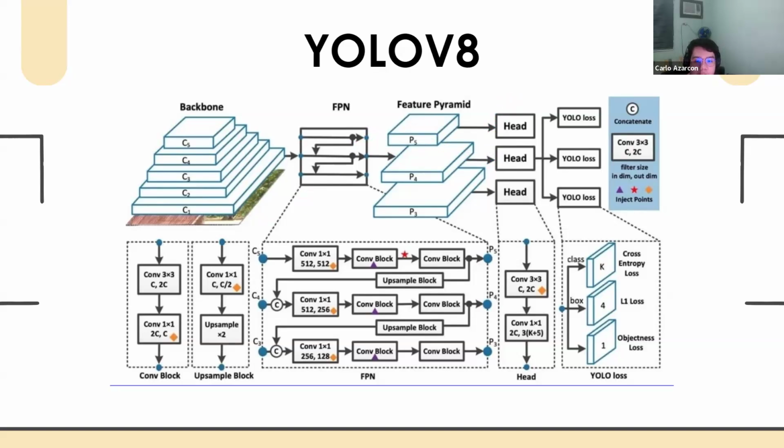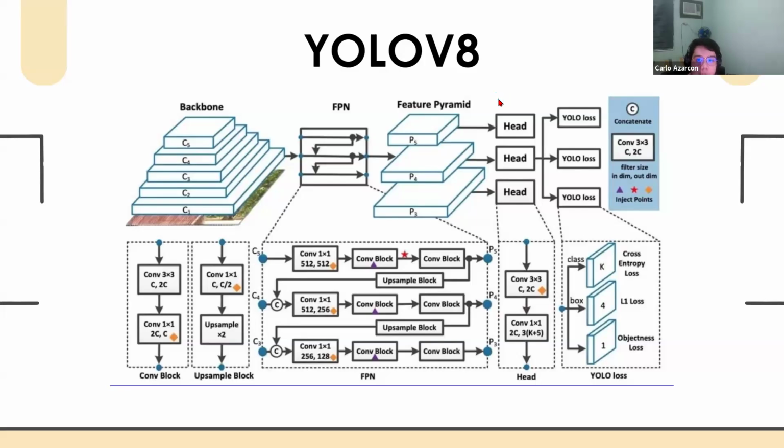Basically, the bounding box is their coordinates. The class score is similar to the classification task, where it shows the score of the highest class it predicts, and then the objectness score basically just shows how much the detection is detected as an object.